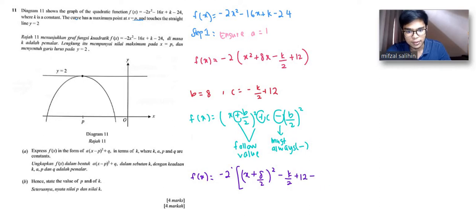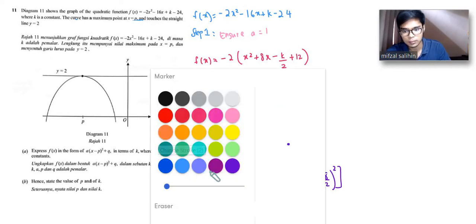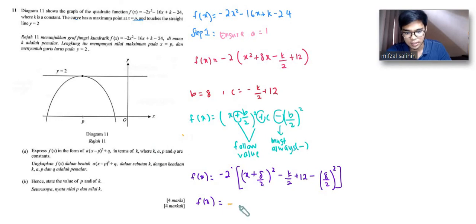Always negative, 8 over 2 squared. So what we get is f(x) equals negative 2 bracket x plus 4 squared minus k over 2 plus 12 minus 16. Simplify both of these, we'll get negative 4.